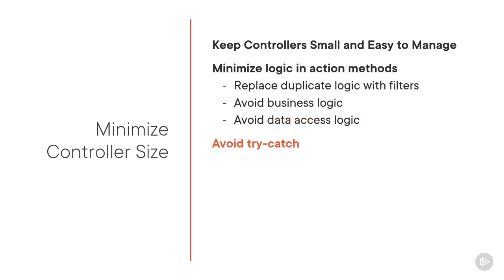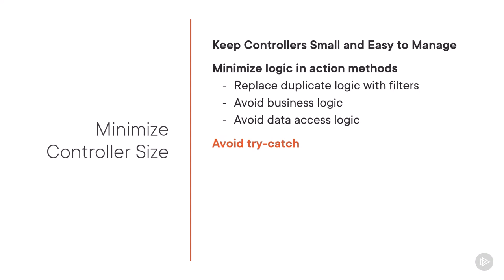Your action methods should also avoid using try-catch statements, especially for flow control. Try-catch statements are just another kind of conditional operation, and using exceptions combined with try-catch to perform logic such as whether to return a not found or a bad request response is an anti-pattern.